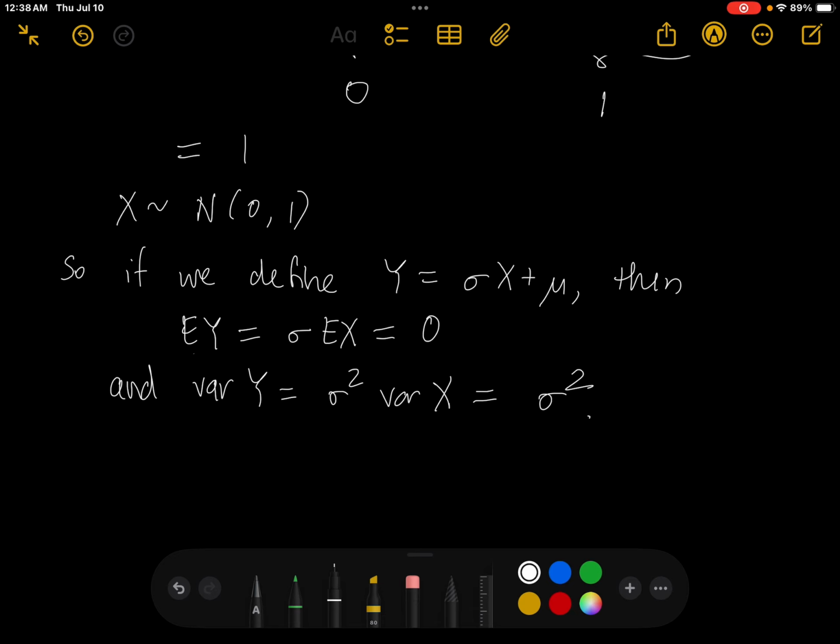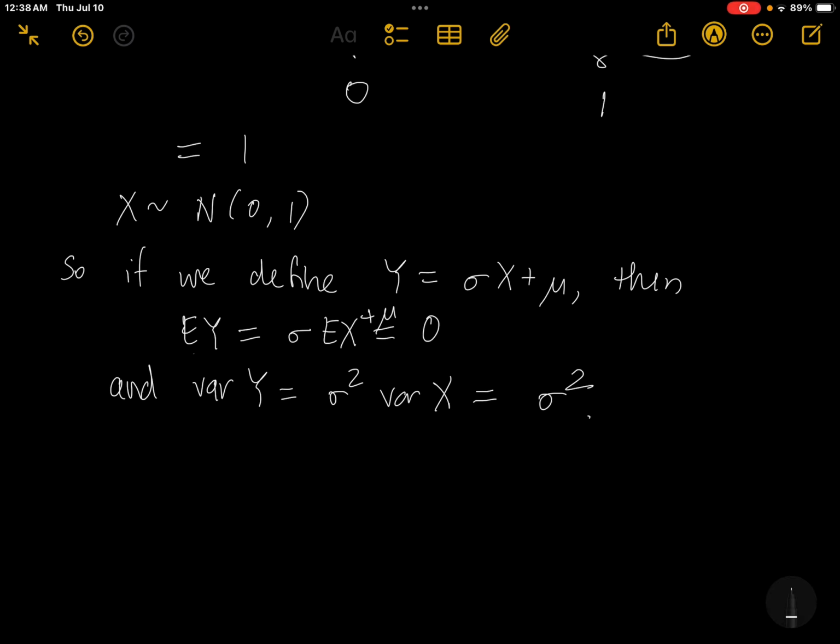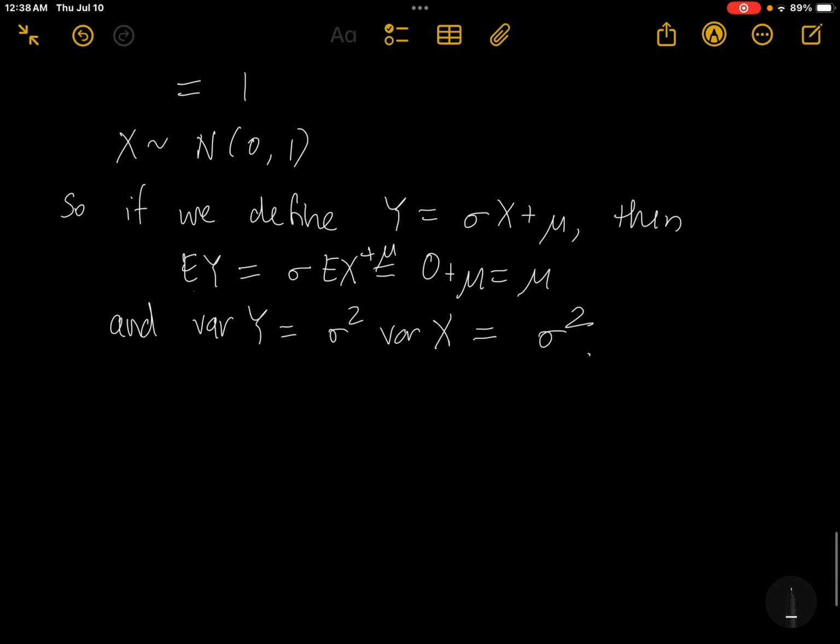The expectation of y is equal to sigma times the expectation of x plus mu. So 0 plus mu, which is mu. There we go. So now we have an interpretation of mu and sigma squared. Mu is the mean of y, and sigma squared is the variance of y.